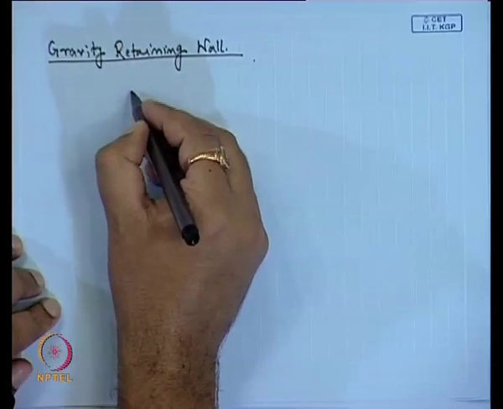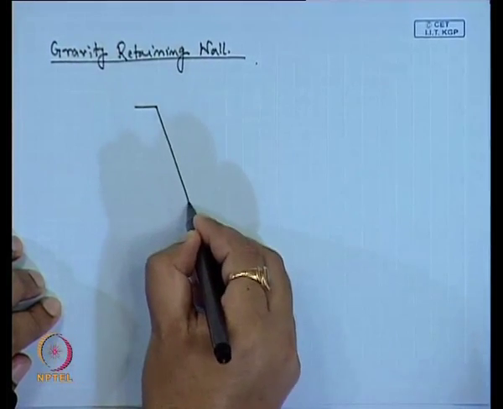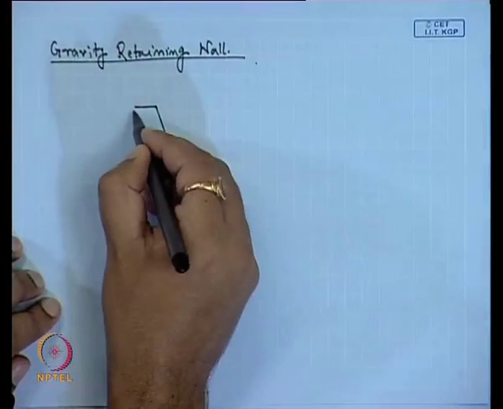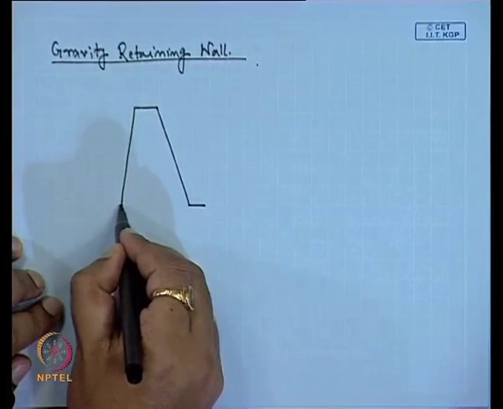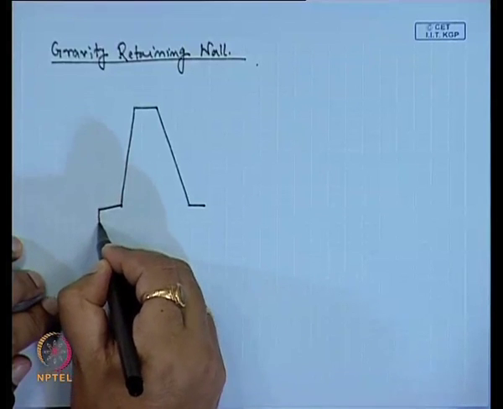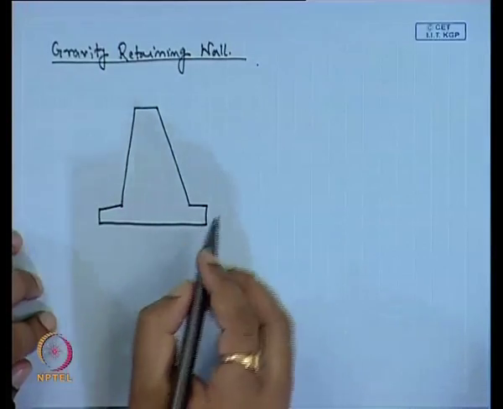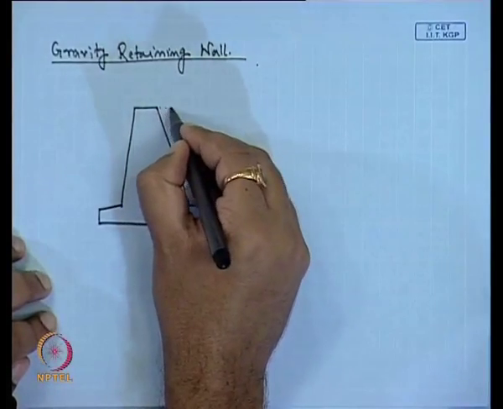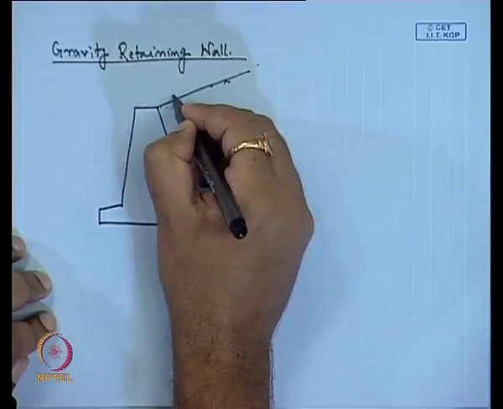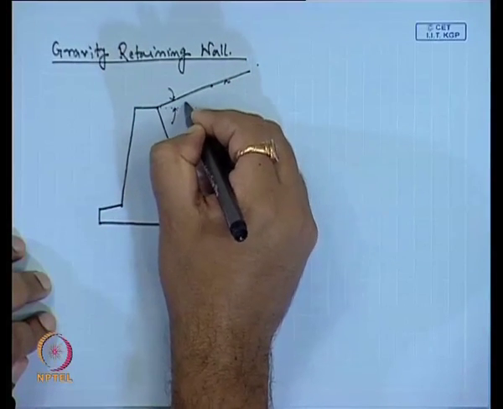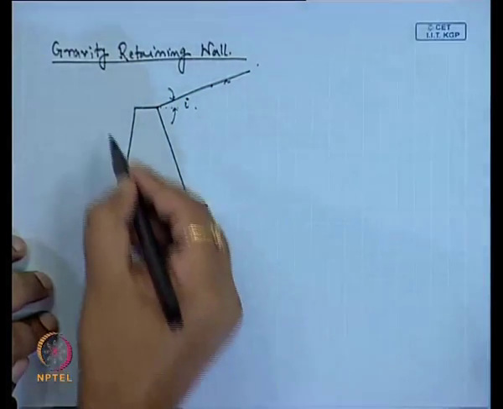Suppose this is the gravity retaining wall, and this is the ground surface, which is inclined at the angle i with the horizontal surface.